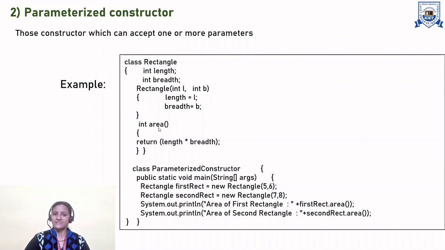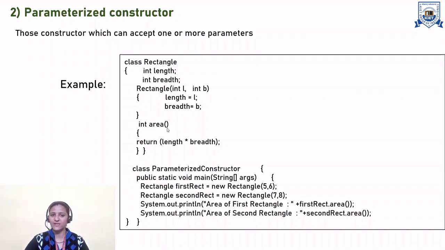This class has the method area, and in this method, it uses these two attributes, length and breadth, multiplies them and returns the result. As it is a method, it needs to be called.